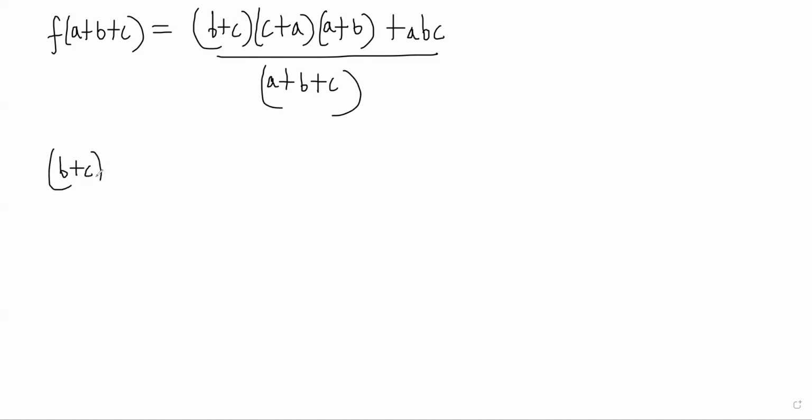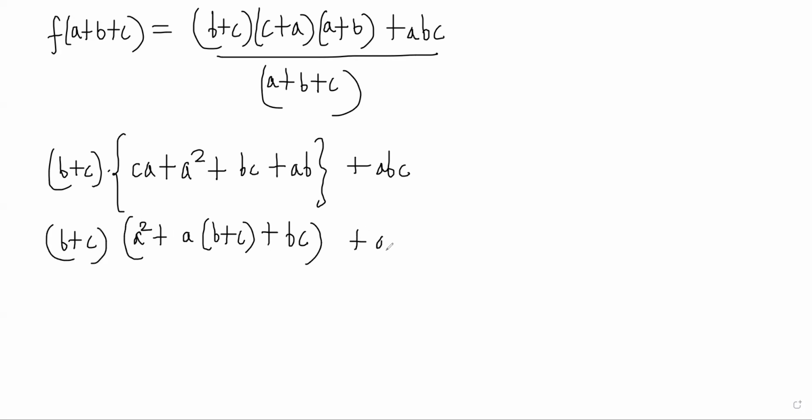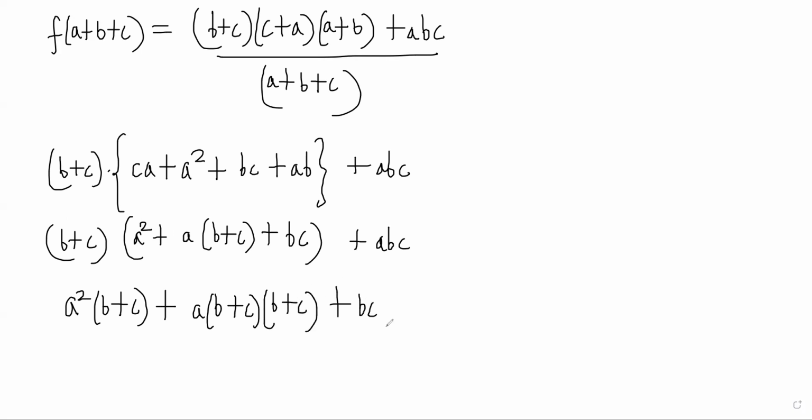So if I try to factorize the top part, you will get ca plus a square plus bc plus ab plus abc, which is the same thing as a square plus a times b plus c plus bc, and outside there is a b plus c plus abc. And I'll write it as a square times b plus c plus a times b plus c times b plus c plus bc times b plus c plus abc.